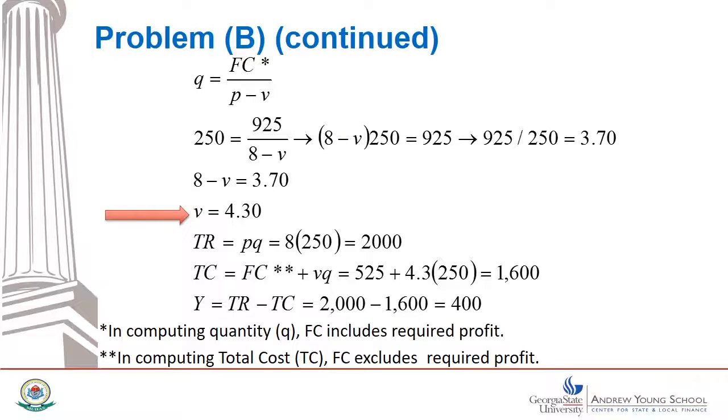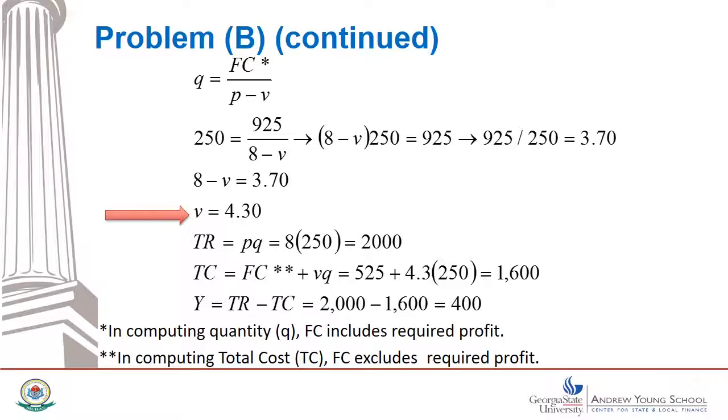Then we move the quantity 250 to the right side of the equation by dividing both sides of the equation by 250. The 250s cancel out on the left side, yielding the equation of 8 minus small v is equal to 3.70, the result of dividing 925 by 250.